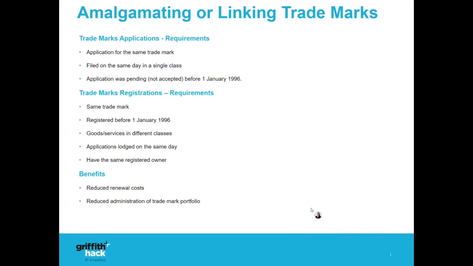The benefits are reduced renewal costs, and I'll talk about that a little bit more in the next slide, because instead of having to renew, say, 5 single class trademarks, which each have a service fee and an official fee, you now only have 1 trademark in multiple classes. So whilst the official fee still needs to be paid per class, the service charge, certainly in our case, is just a single service fee because it's 1 mark.